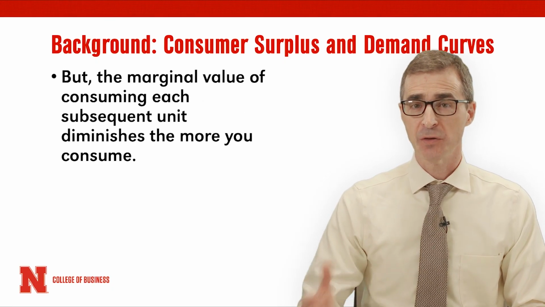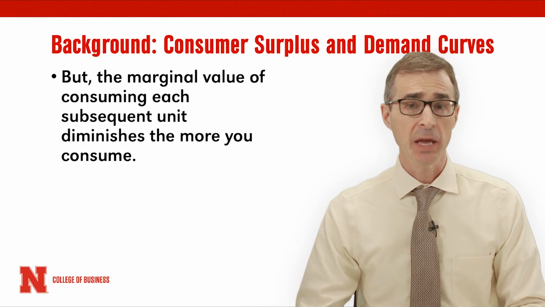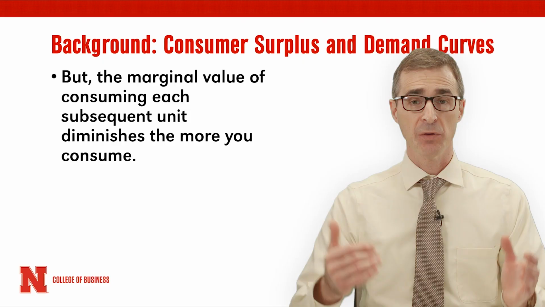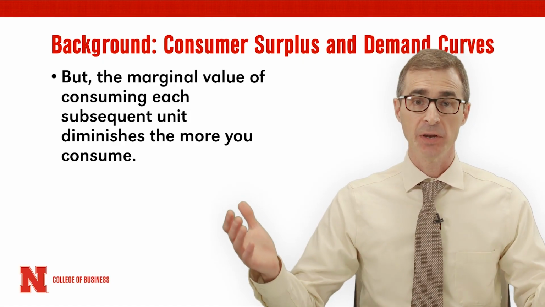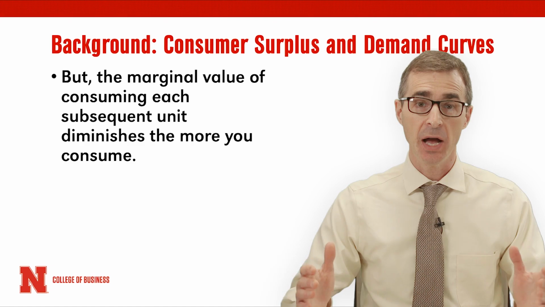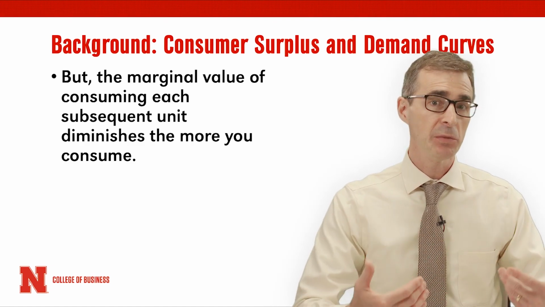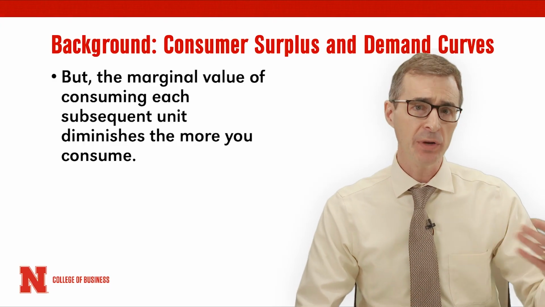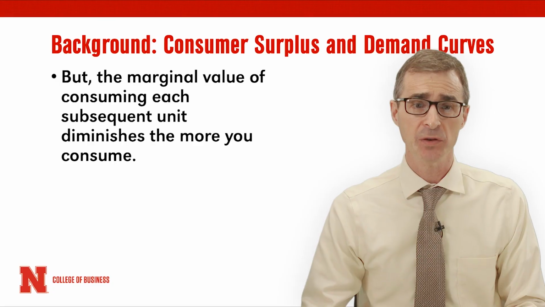But we all know from experience, and just a little introspection, that if we're thinking about candy bars, say, the incremental or marginal value that I get from the first Snickers bar that I purchase, assuming I don't have a nut allergy or something, is going to be pretty high. The second Snickers bar that I purchase and consume may give me some additional benefit, but less than the first, and so on, and I'll reach a saturation point at which I simply don't want to consume any more Snickers bars.